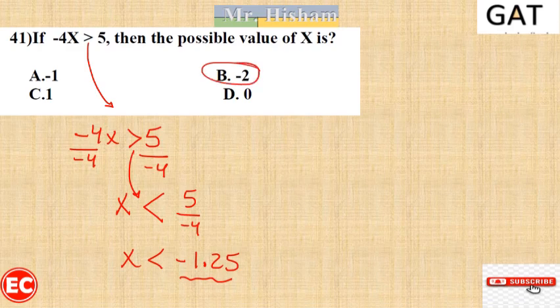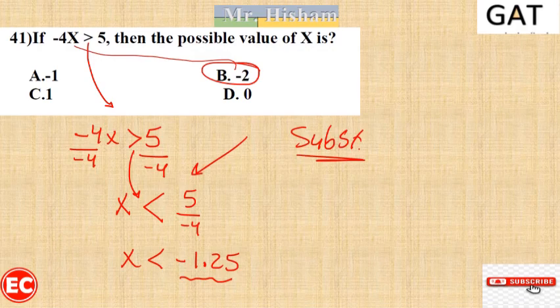And by the way, you can start by plugging in the values. If you multiply x by negative 4, with x equal to negative 2, negative 4 by negative 2 is 8, and 8 is greater than 5. Or if you multiply negative 4 by negative 1, it's going to be 4, and 4 is not greater than 5. So you can plug in or replace the value by substitution, or you can solve it as an inequality.